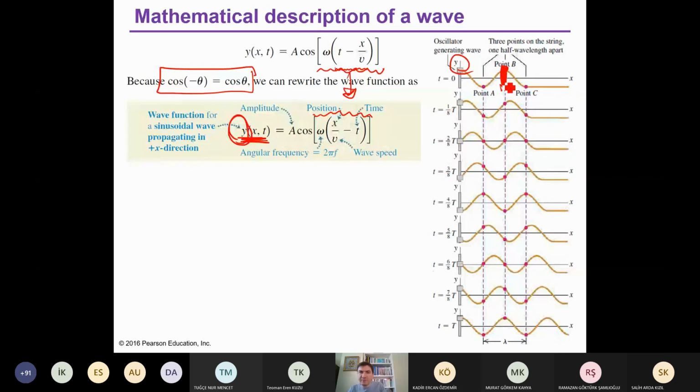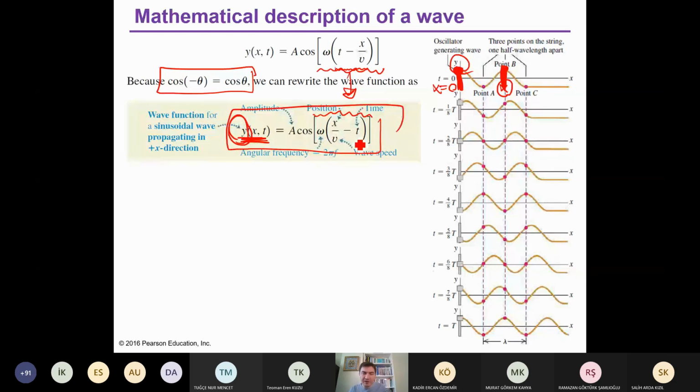At the beginning, I explained the y position of the particle which stays at x is equal to 0. Now I am investigating the y position of the particle which stays at x, okay? So then it is given with this expression, a cosine omega x over v minus t.